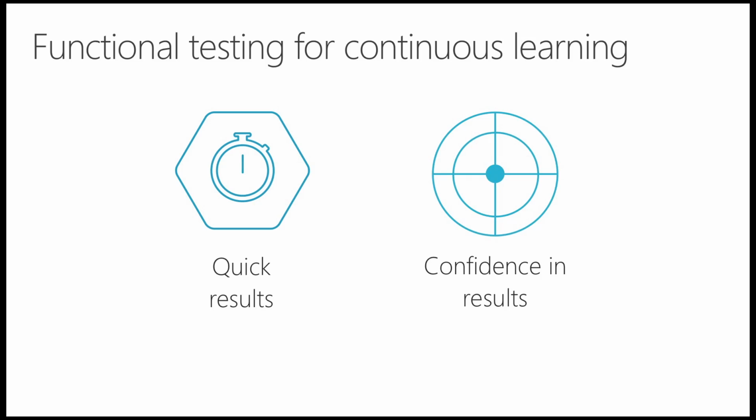Functional testing will give you great confidence. You can actually write a test that interacts with the UI in a way that a user would. But you need to be able to do that in a way that is quick. That's why manual testing ultimately doesn't lead to this great kind of DevOps world of continuous learning.